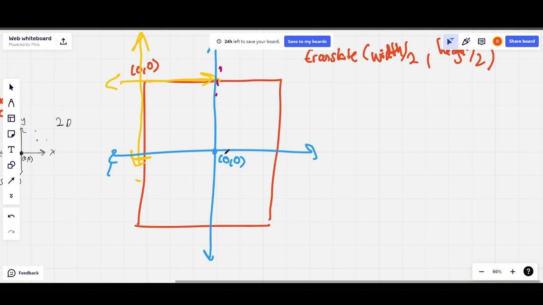So this is going to be minus width divided by 2, here is 0, and here is width divided by 2. It's the same case for height: this is going to be height divided by 2, and this is going to be minus height divided by 2.